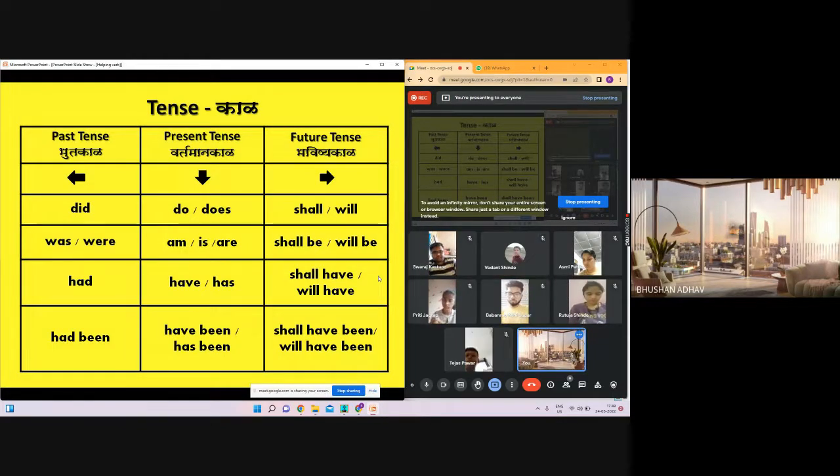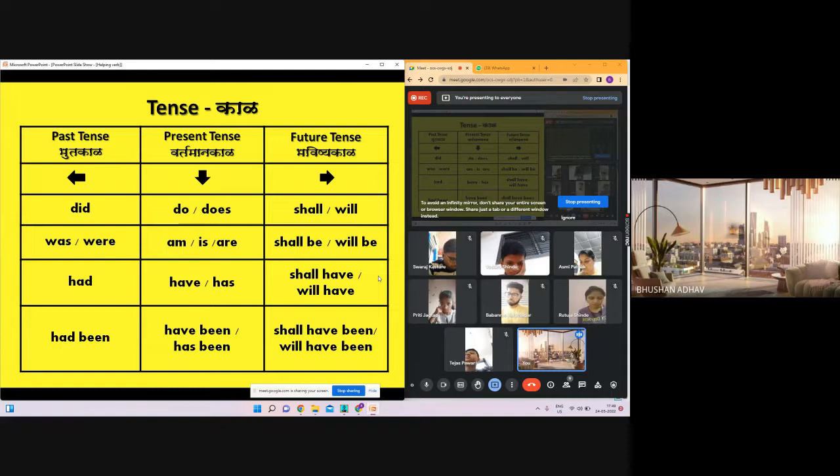Do, does, am, is, are, have, has been, shall, shall be, shall have been, will have been. So there are a total of 22 helping or supporting verbs.